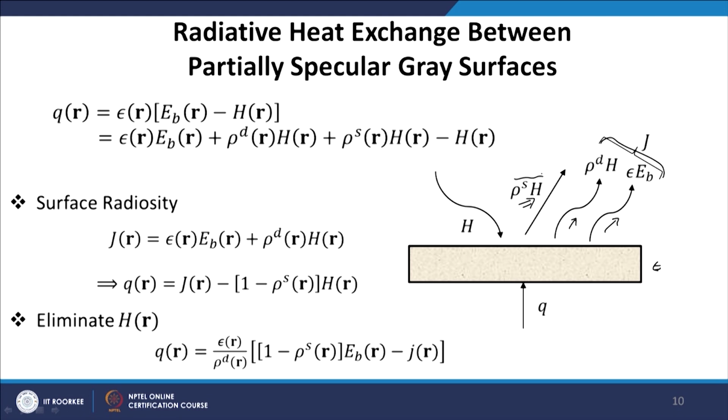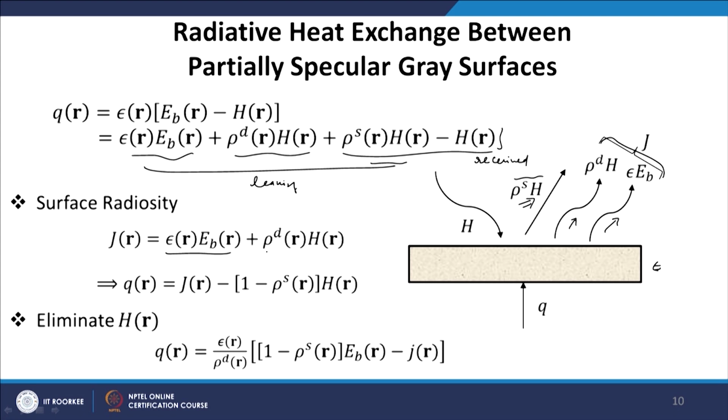So, we write an energy balance for this surface. Heat flux is equal to energy emitted minus energy absorbed. Energy emitted, diffuse emission, energy reflected, sorry, this is diffuse reflection, this is specular reflection. So, this is the total amount of energy leaving and this is the energy amount received. We can define surface radiosity as we have done for the diffuse surfaces, just by including the emission and diffuse reflection.